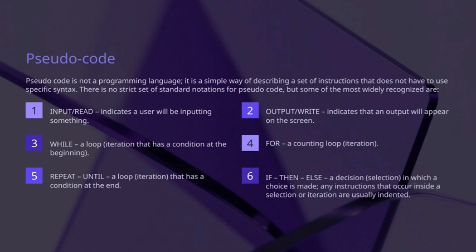Finally, input or read indicates that the program will accept input from the user. It's important to remember that pseudocode isn't a programming language itself. It's a simple way to describe instructions clearly without worrying about strict syntax rules. While there aren't universal standards, these common structures help us communicate algorithms effectively.